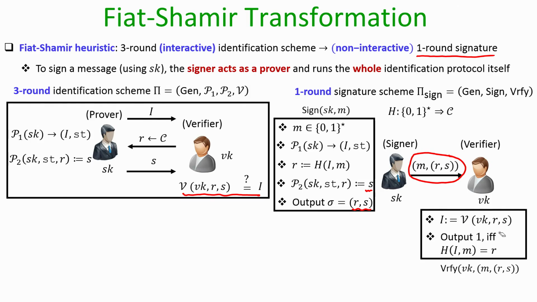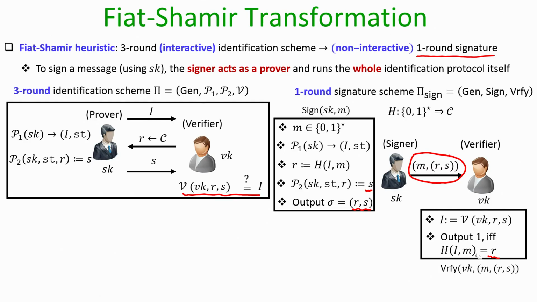Now, to verify the signature, the verifier has the I value and the M value. It queries the random oracle and checks whether the output of the random oracle on I and M gives the R part of the signature or not. If it indeed gives the value R, then it accepts the signature, otherwise it rejects the signature.